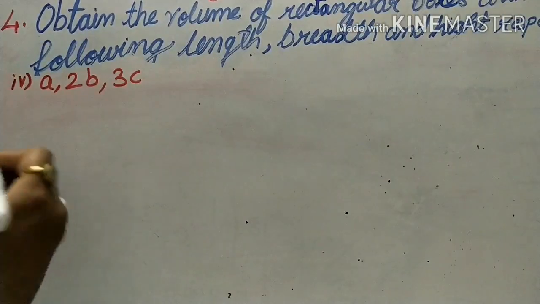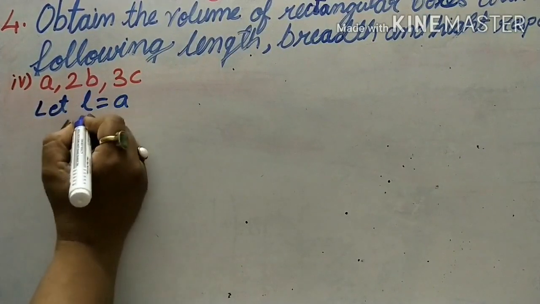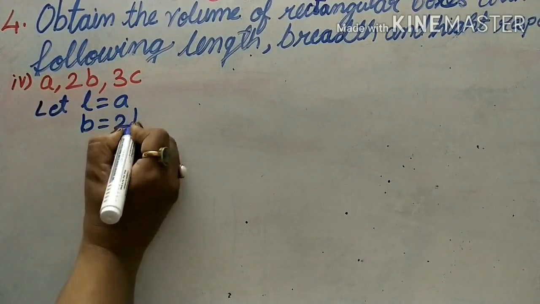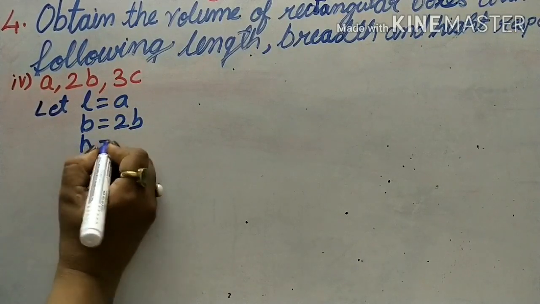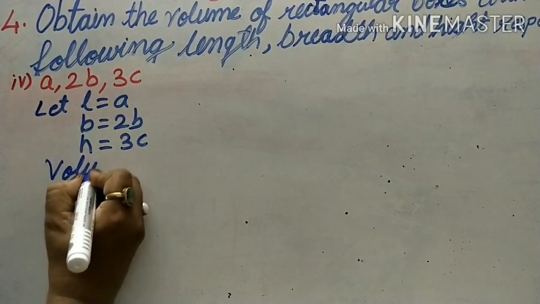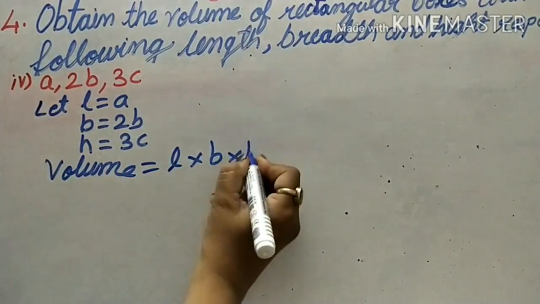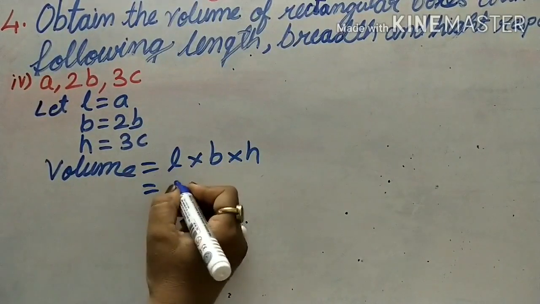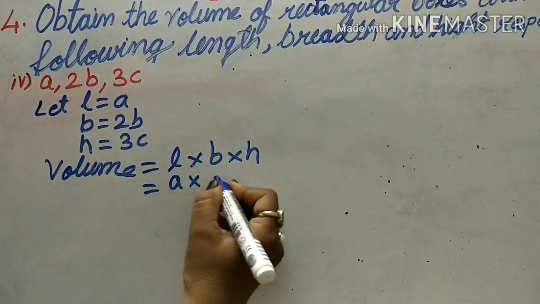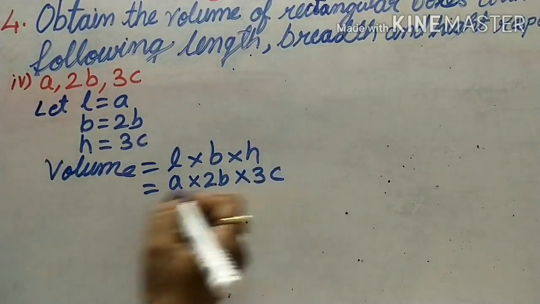Fourth problem, let length is equal to a, breadth is equal to 2b and height is equal to 3c. So volume of rectangular box is length into breadth into height is equal to, length is what here? a, and breadth is 2b and height is 3c.